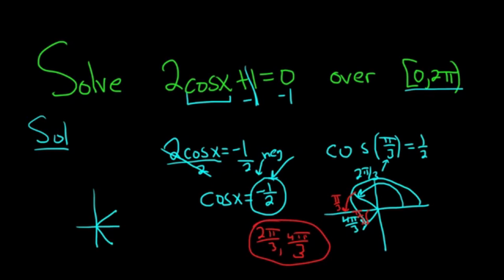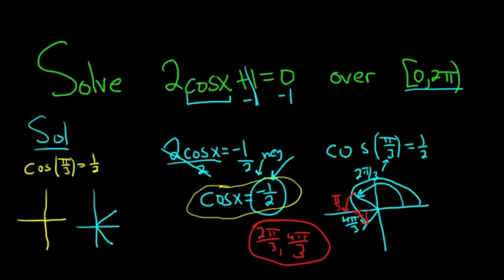Let me go over that again one more time and explain it a little bit differently, because this is tough stuff. So you have cosine of x equal to negative 1/2. When you see this, you want to think, okay, the cosine of what is 1/2? Well, cosine of pi over 3 is 1/2. Then you say, I need an angle that's going to give me negative 1/2.